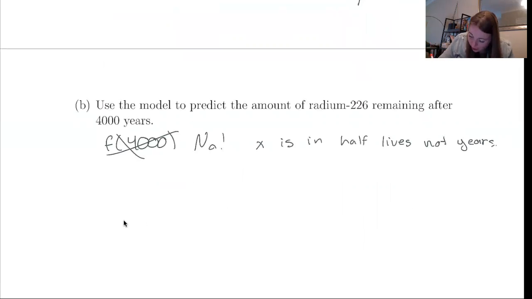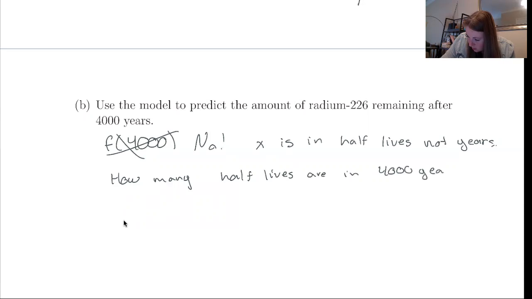All right. So, how many half-lives are in 4,000 years? So remember, one half-life is 1,600 years.